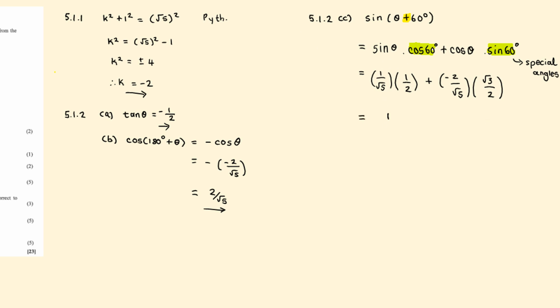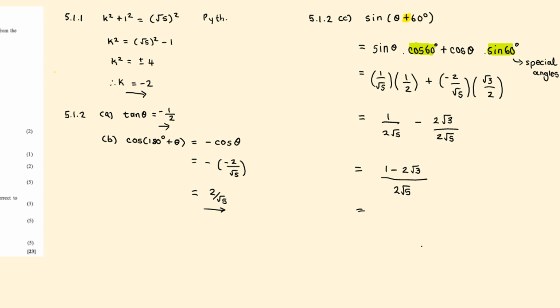Simplifying, we'll have 1 times 1 is 1 divided by 2 times the square root of 5. Plus, actually we can distribute that into the bracket, making minus 2 times the root 3 divided by 2 root 5. Now we have the same denominators, so we can just subtract the numerators.